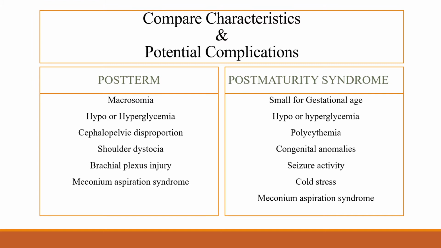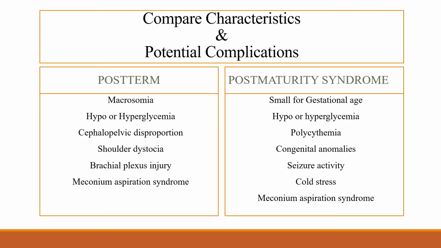Some nursing diagnoses that you may find with regard to these babies would include hypothermia related to a decreased liver glycogen and brown fat stores, nutrition imbalance less than body requirements related to an increased use of glucose secondary to in utero stress and decreased placental perfusion.